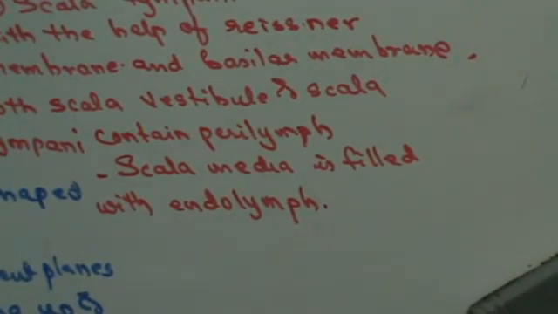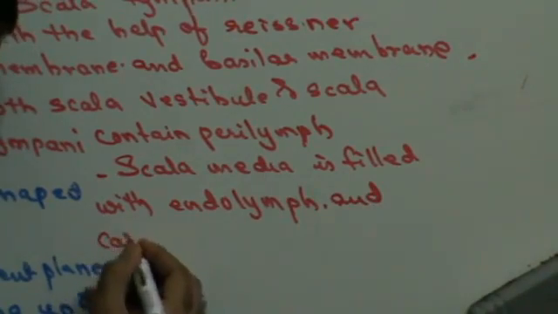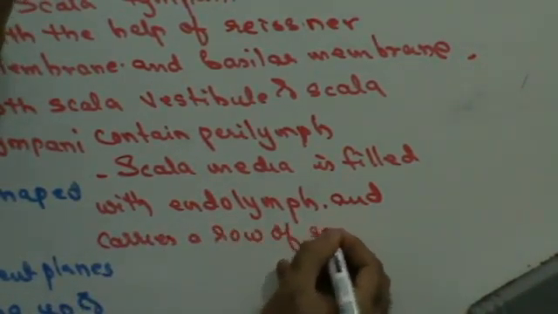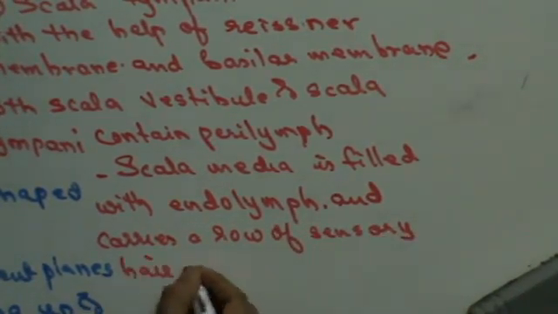Endolymph is a fluid similar to the intracellular fluid. So scala media is filled with endolymph and carries a row of sensory hair cells.